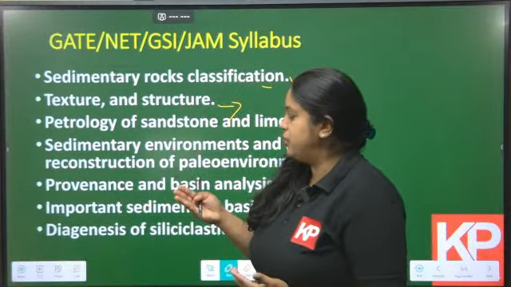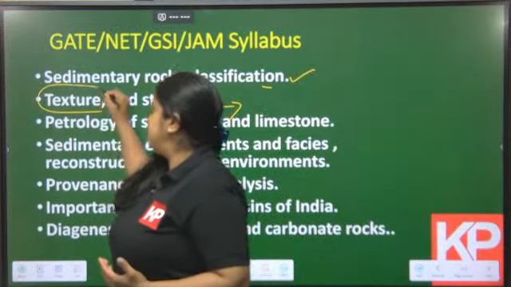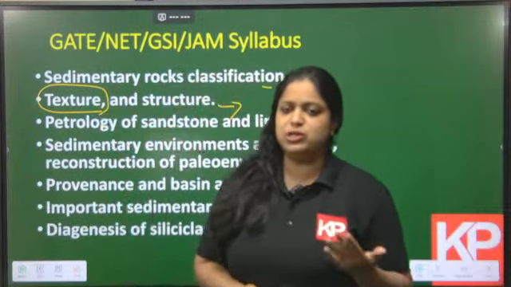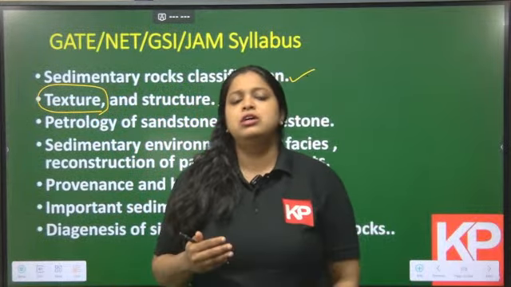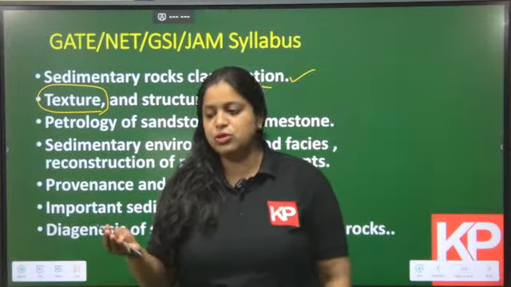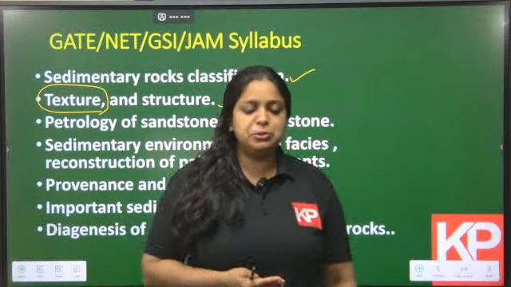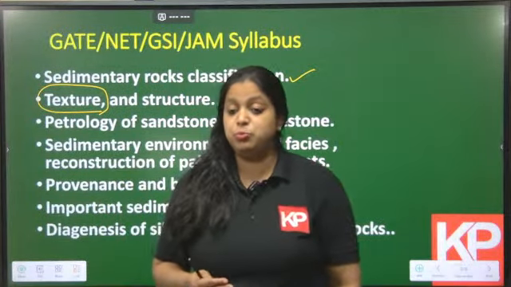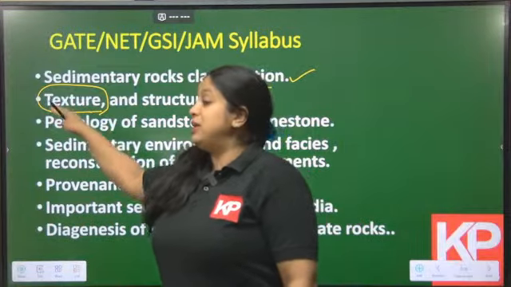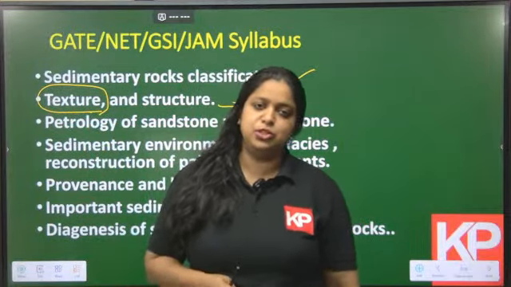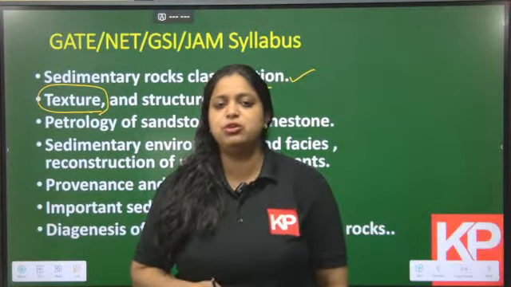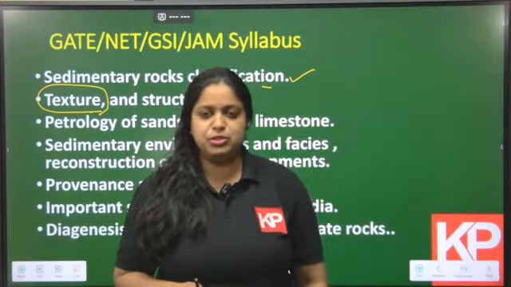In the NET examination you have to have an idea about what sorting is and its importance, and the relation of sorting and matrix content with the maturity of sandstone. It's a very important topic. The texture part is mainly for clastic sedimentary rock, not for non-clastic sedimentary rock.